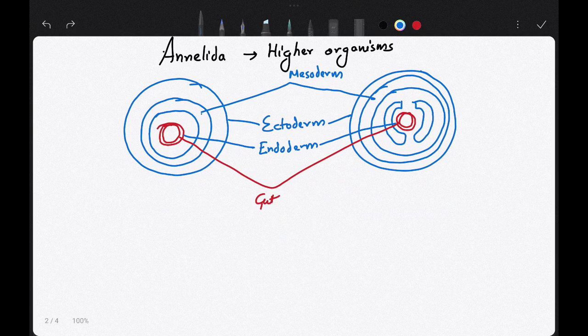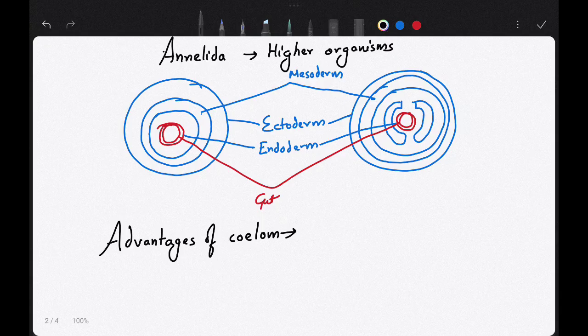Now you will say, sir, we have learned about coelom, there must be some advantages of coelom. Yes, there are. So write down the advantages of coelom. First, the visceral organs are present inside this coelom, so it gives space to these visceral organs.